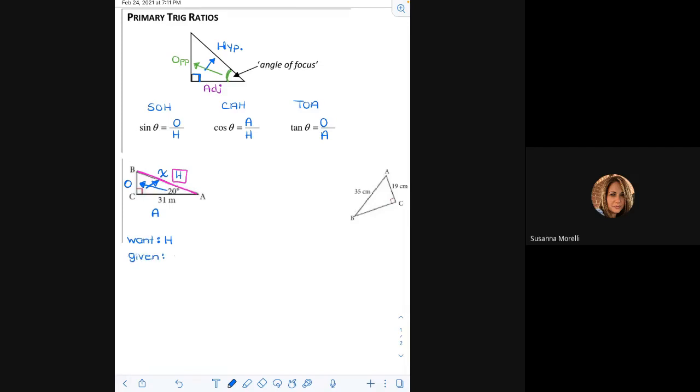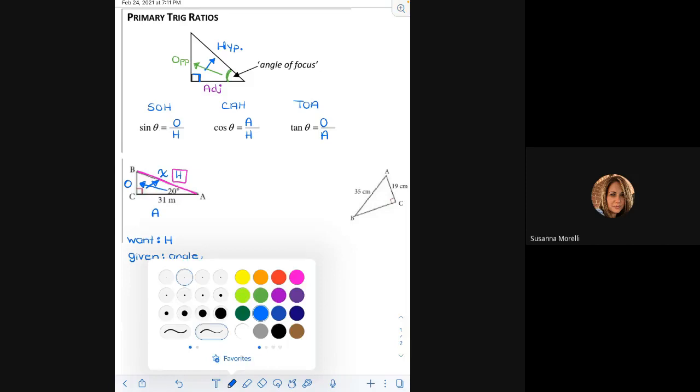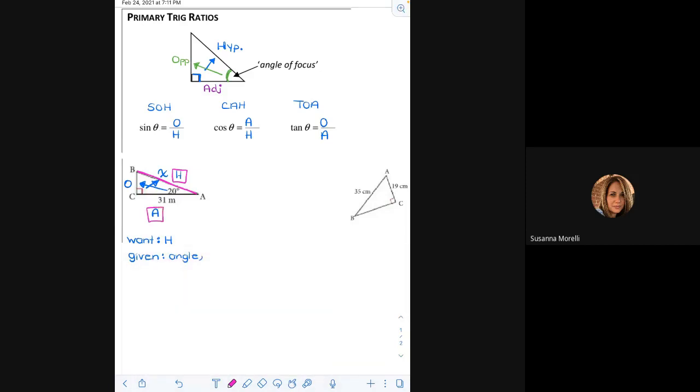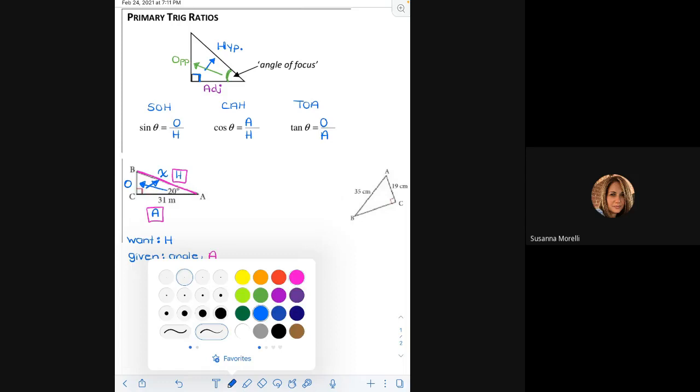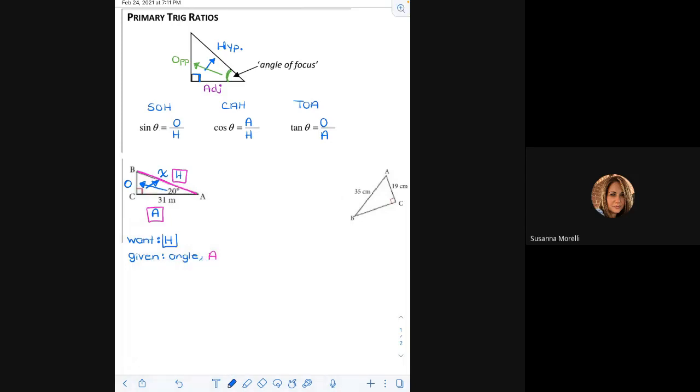We're given an angle, the 20 degrees. And we're also given adjacent. So we have H and we have A.